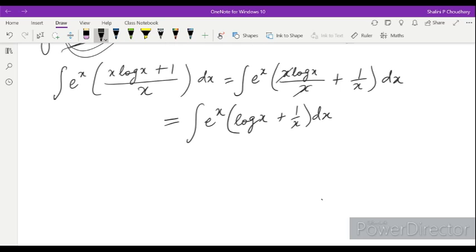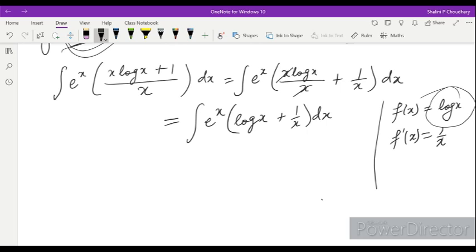Now, as we all know, if f of x is equal to log of x, then f dash x will be equal to 1 upon x, because the derivative of log x with respect to x is 1 upon x.